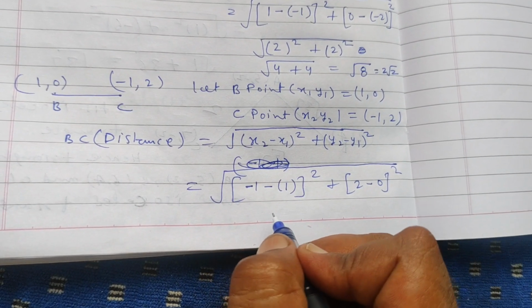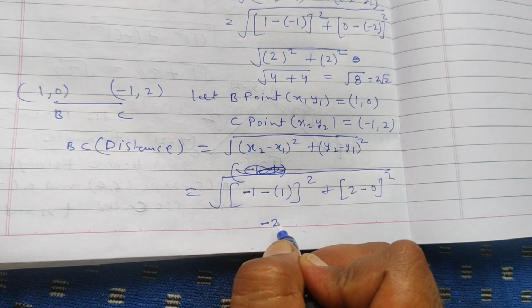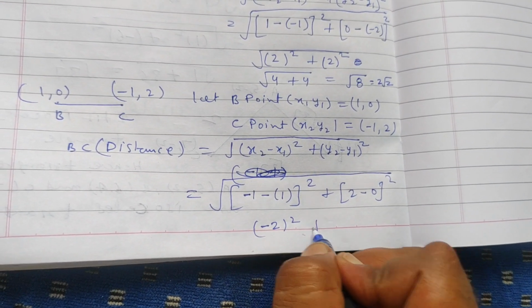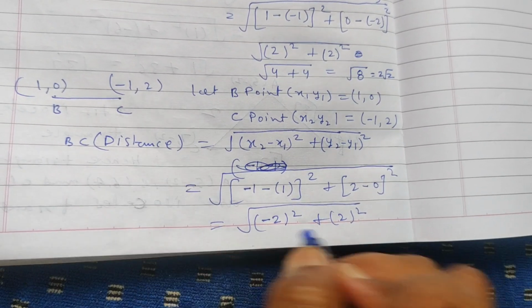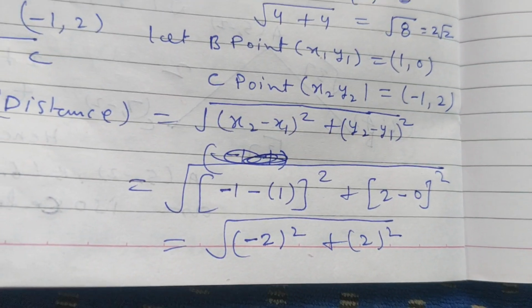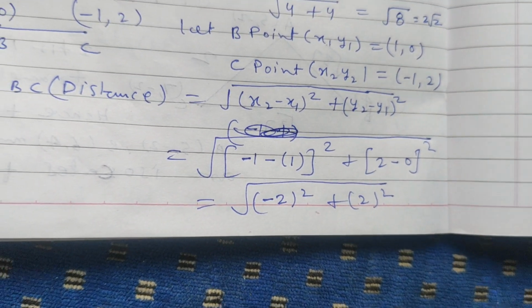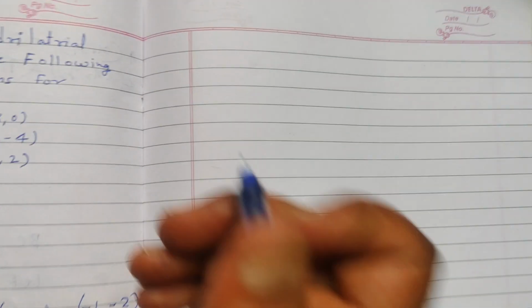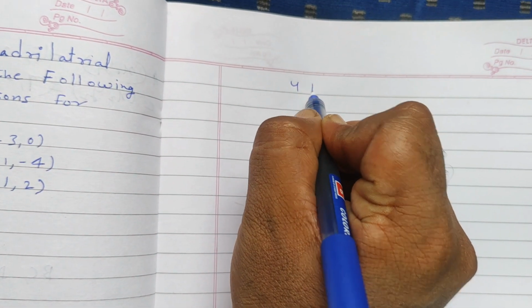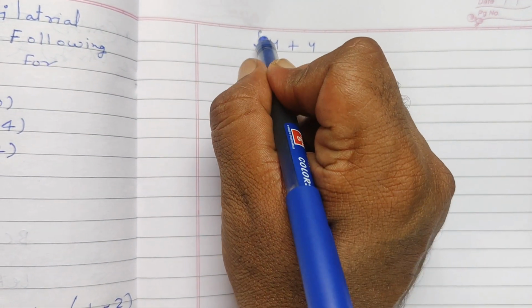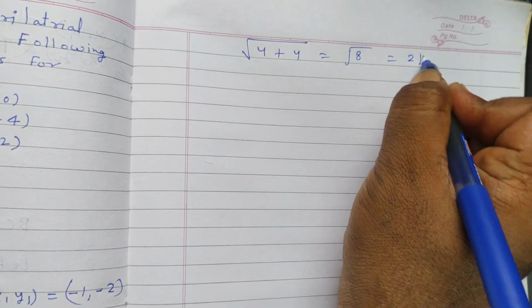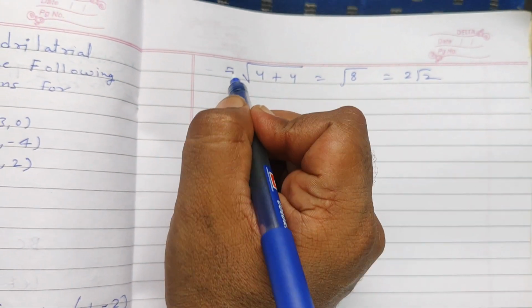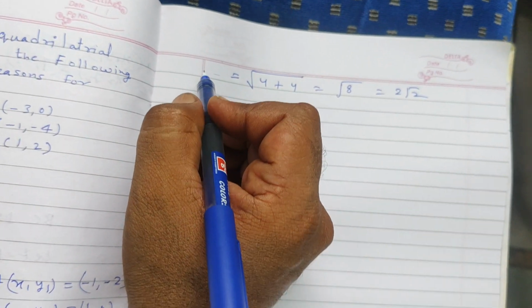So we get (-2) squared and 2 squared, which is 4 plus 4, equal to 8, so 2 root 2 is the length of BC.